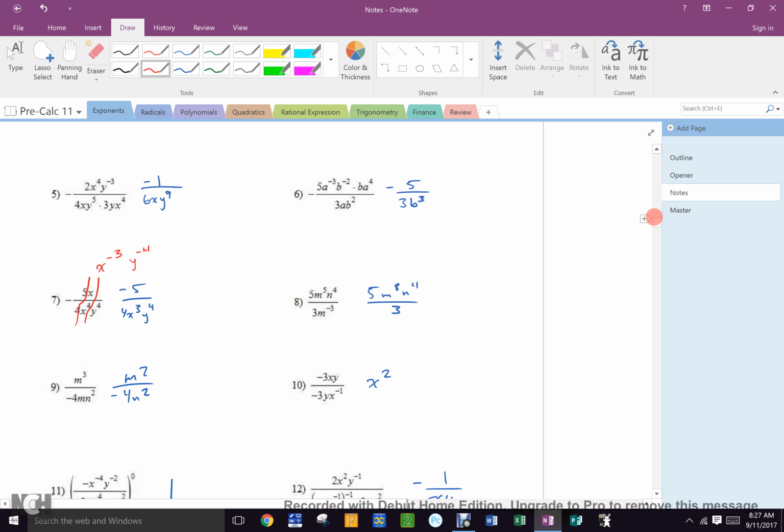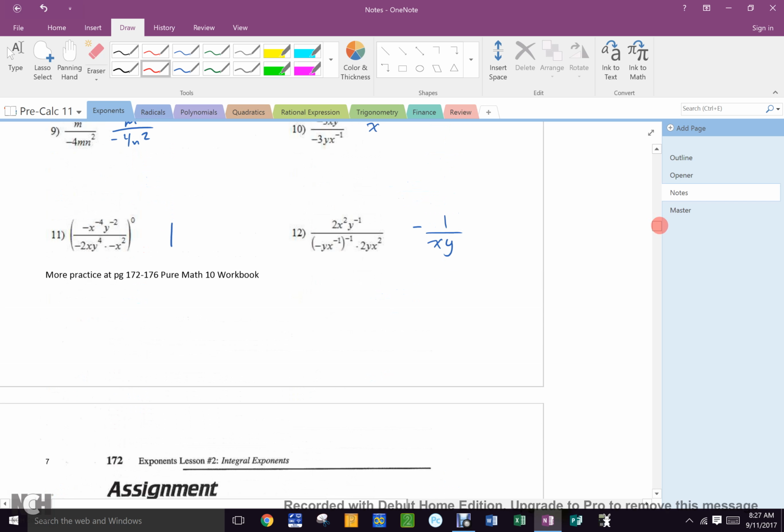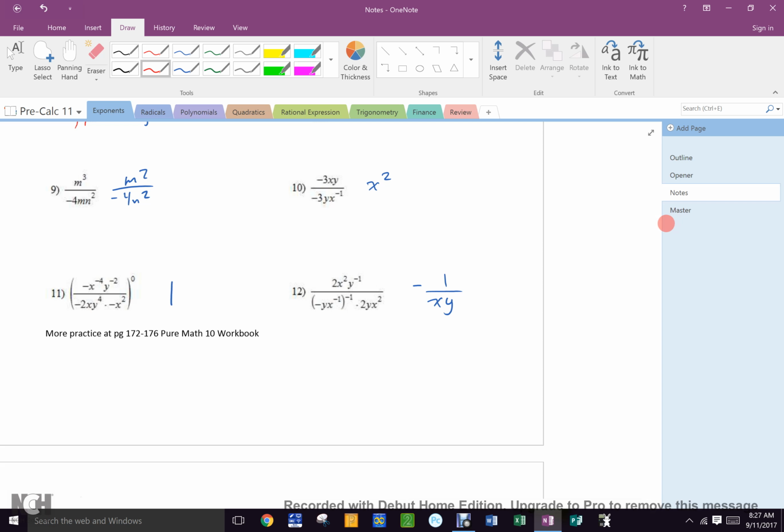Okay. And 9 to 12. Anything there? Yes. Split it up. Negative 3 over negative 3. Same thing on top, same thing on the bottom, so they cancel out because they're number 1. Yes?